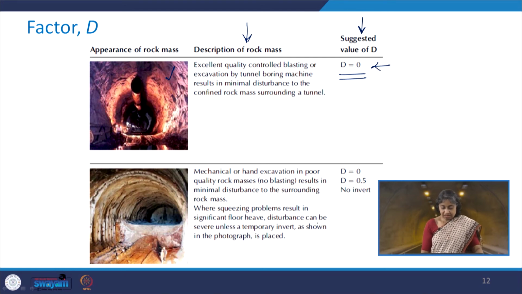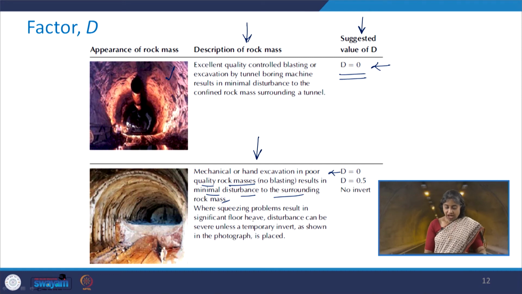If you have this type of rock mass, that is mechanical or hand excavation in poor quality rock masses, which results in minimum disturbance to the surrounding rock mass, then in that case you can have D equal to 0.